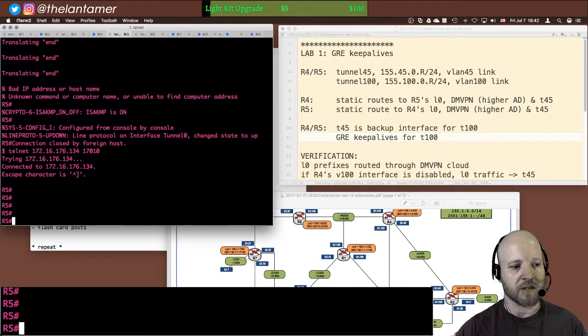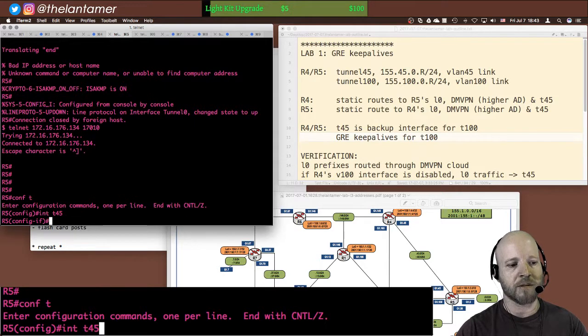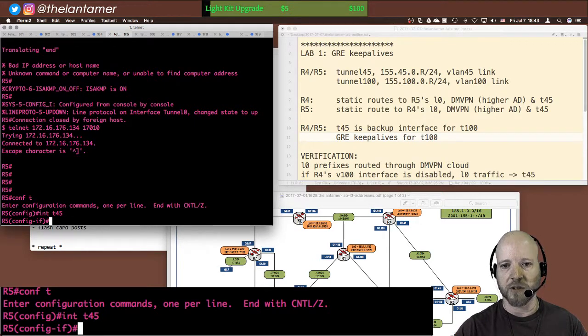I've already started this one, and really I did all the same configuration yesterday except for the last requirement here. So interface tunnel 45, I'm going to do these one by one so I don't get them confused.